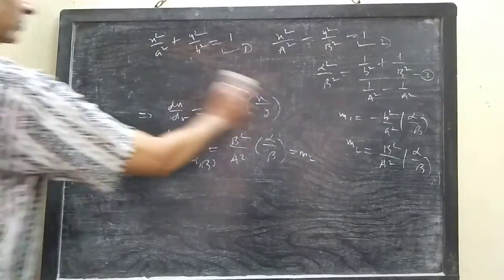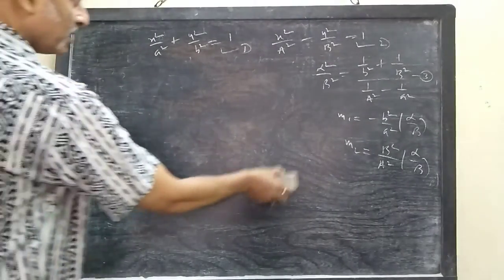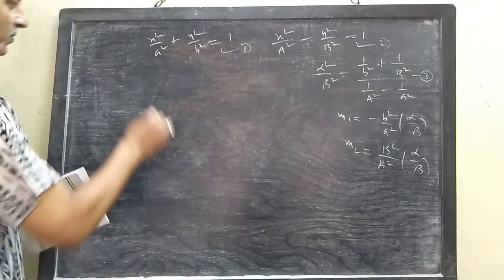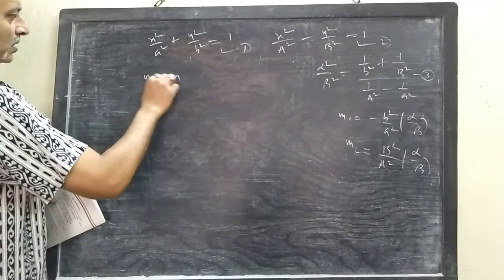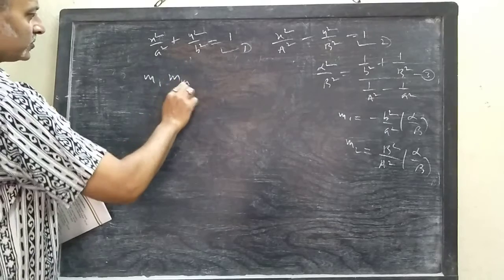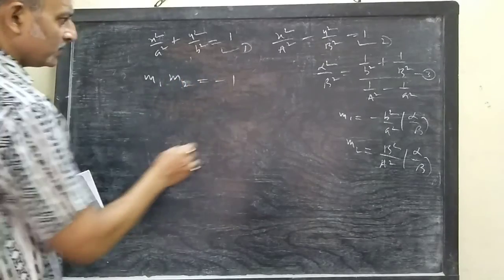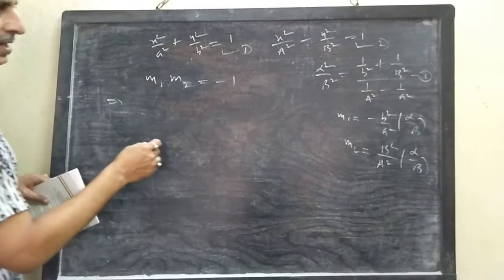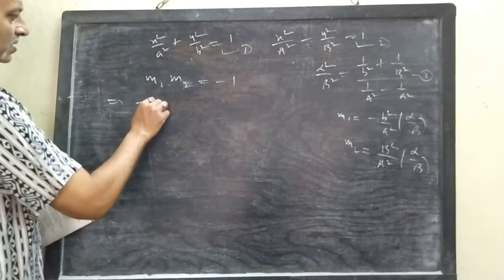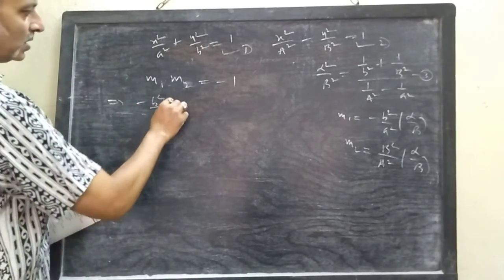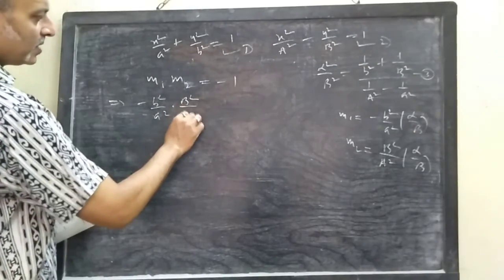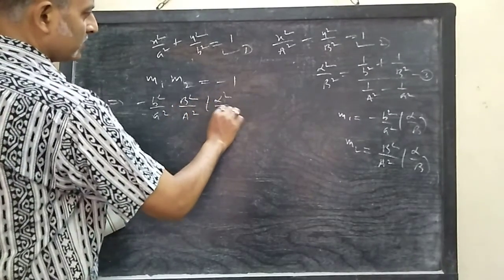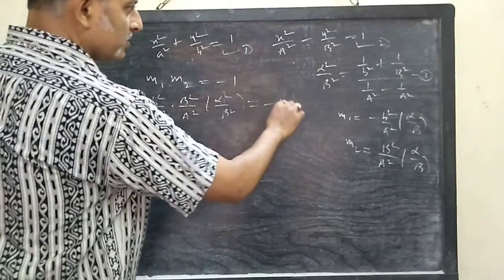Now, curves 1 and 2 will be mutually orthogonal if m1 into m2 equals minus 1, that is, minus b square by a square into capital B square by capital A square into alpha square by beta square equals minus 1.